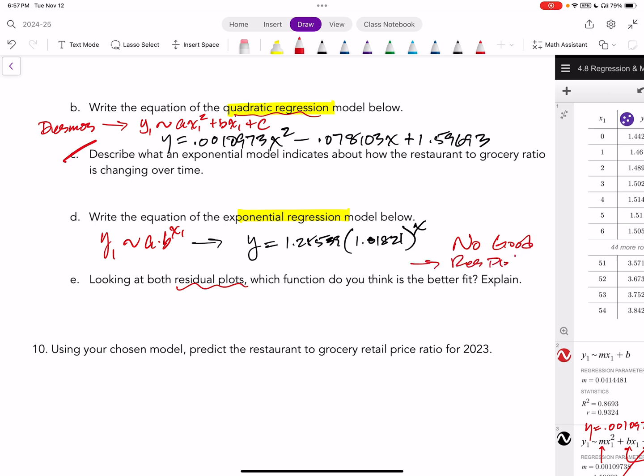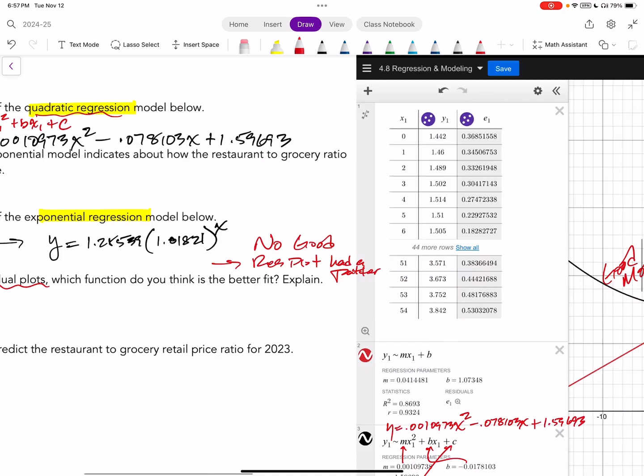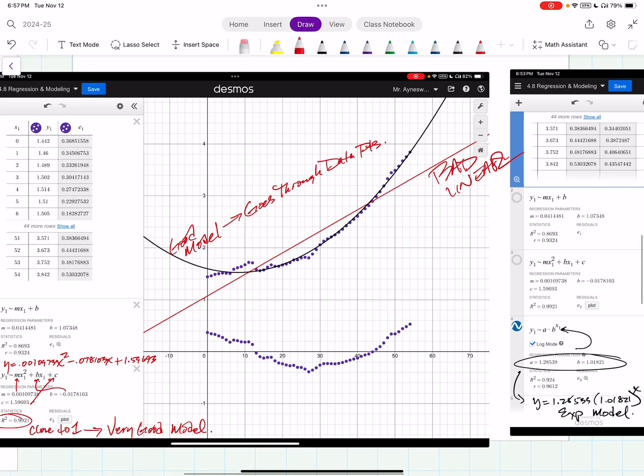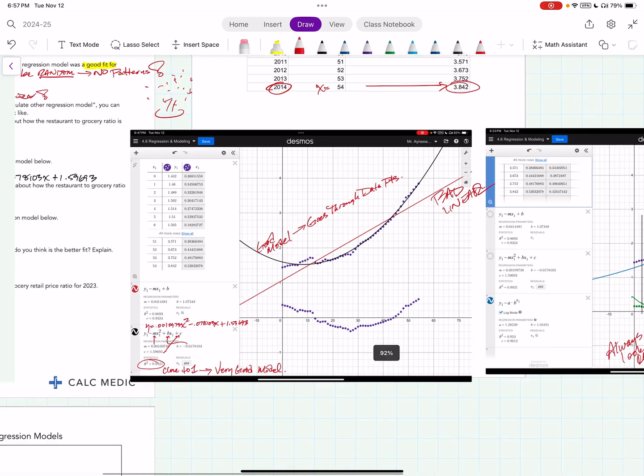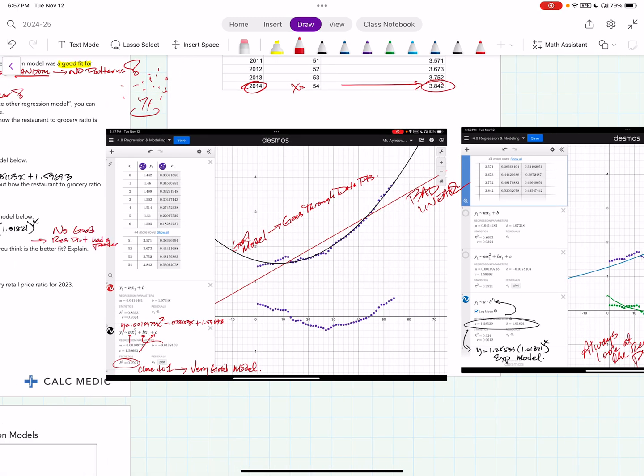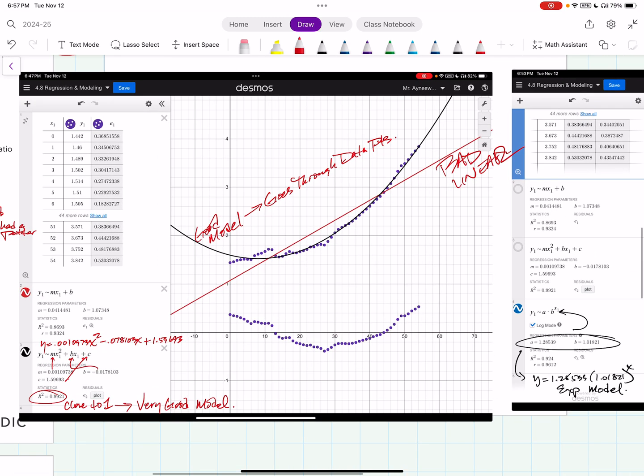And if you look at the quadratic model, I don't have the residual plot shown here in the screenshot, but the correlation coefficient is 0.99, very close to 1, a very good model.